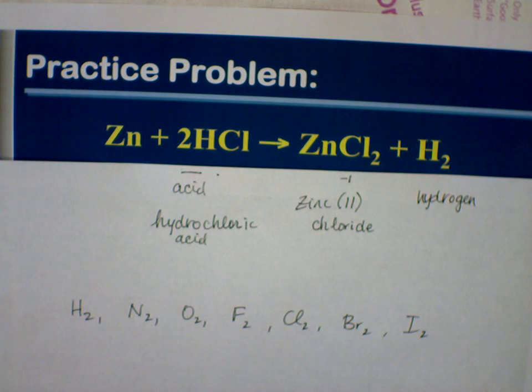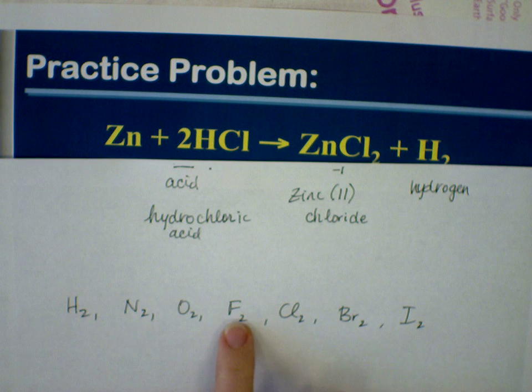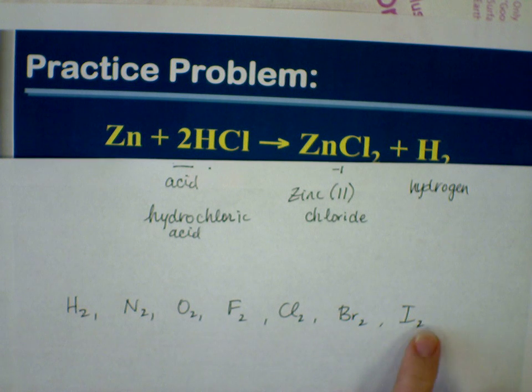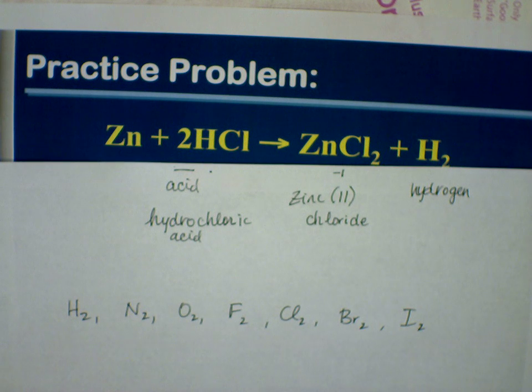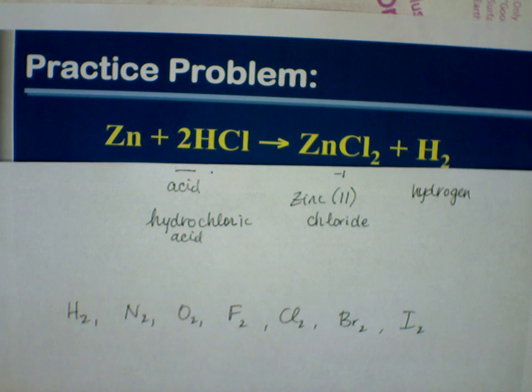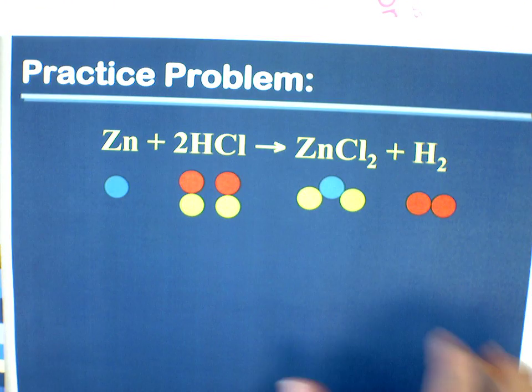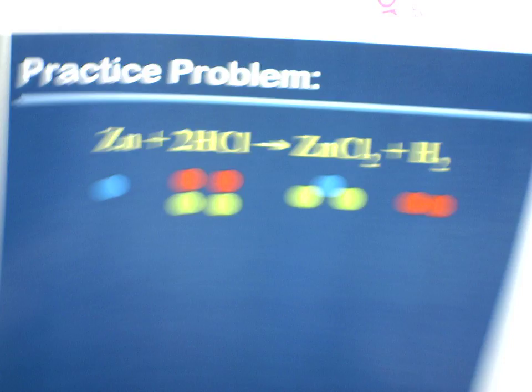Okay, you must know these. HNOFCl. Make up a mnemonic device. Notice that they form a 7 on the periodic table, except for hydrogen, and there are 7 of them. Alright, so that's what that one looks like.